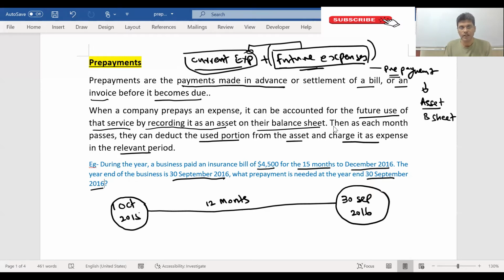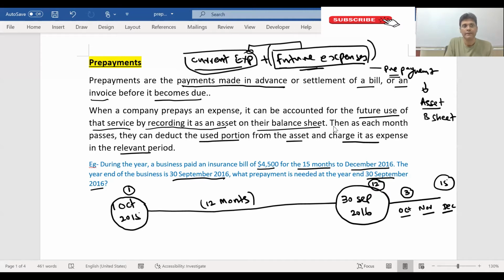Their financial year starts from 1st October, this is the first month, and this is the 12th, and they paid up to the 15th month. So after September you have October, November, and December. How many months? 3 more months. This is 12 months, and 3 more months.